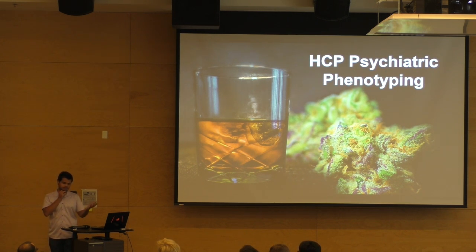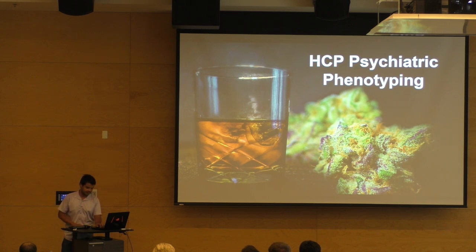Actually, as the title says, we focused on the Human Connectome project data. And even though they specifically wanted people more or less healthy, apparently 25% of the people there had some sort of substance abuse disorder, which is quite high, but it allowed us to go on with this project.